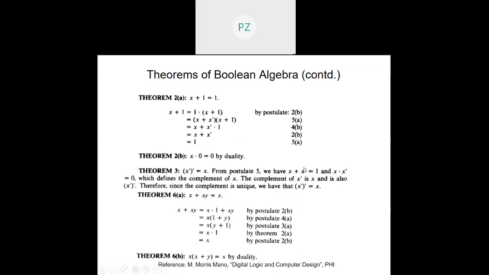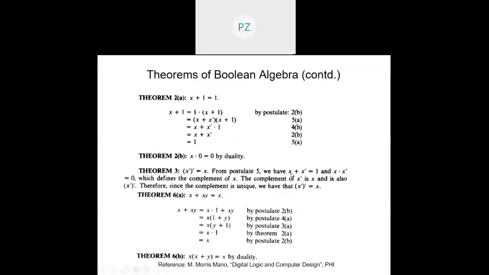Since commutativity holds, I can also write x bar plus x is equal to 1. Bar, when I say bar, I told you earlier, is something that you must adopt when you are writing by hand, and dash you can use when you are typing. In fact, while typing you can use both, but while writing it is advisable that you use bar for complementation. So I may say bar or dash, either of them, I mean the complement.